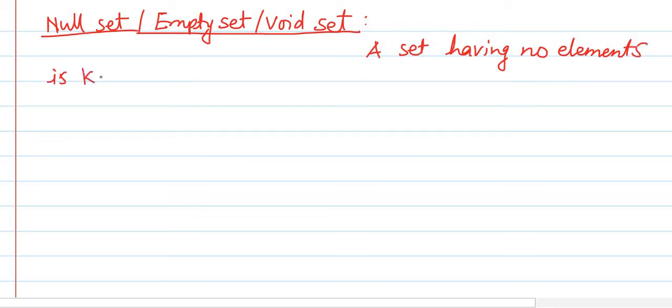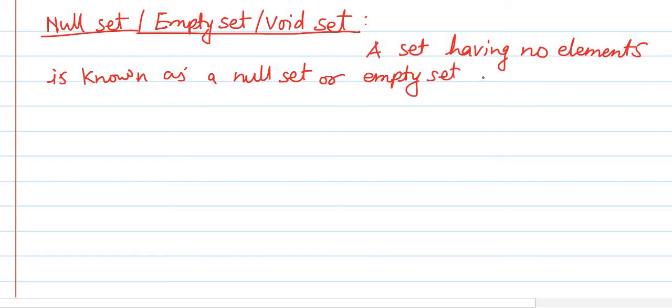As the name indicates, a set having no elements is called a null set or empty set or void set.